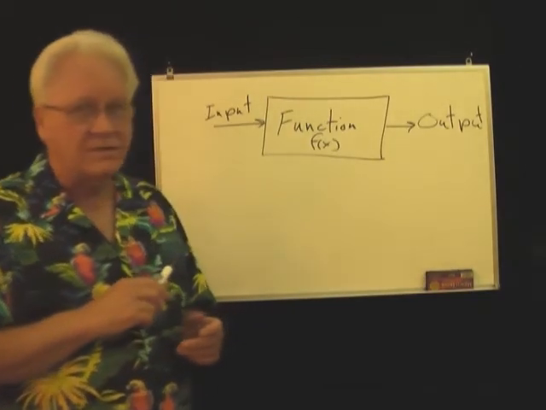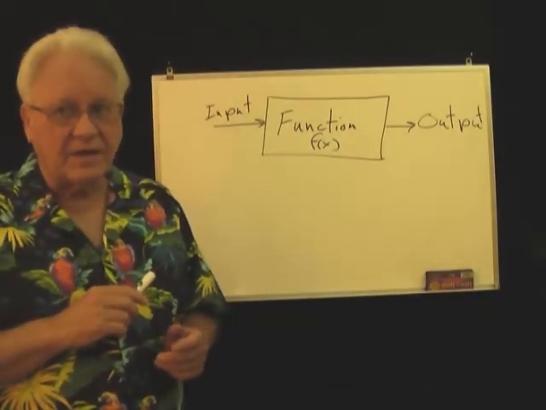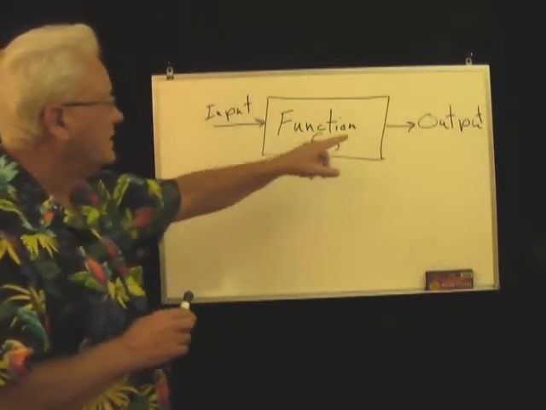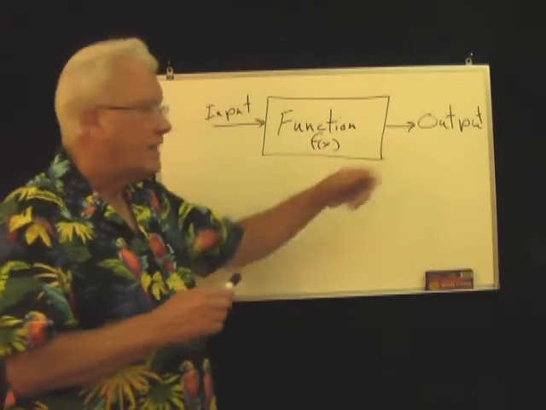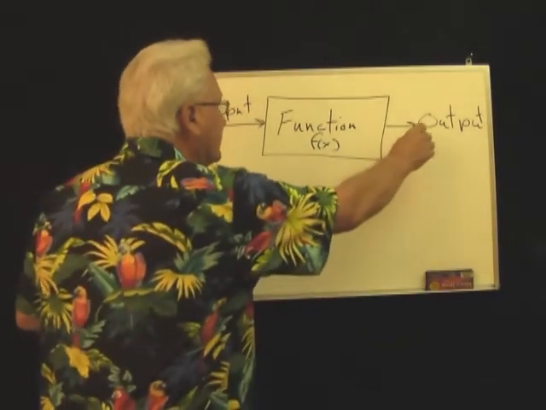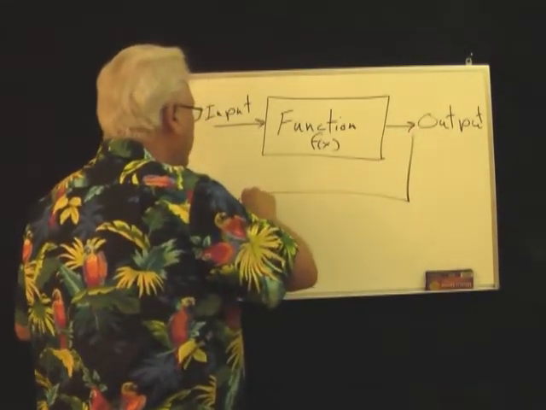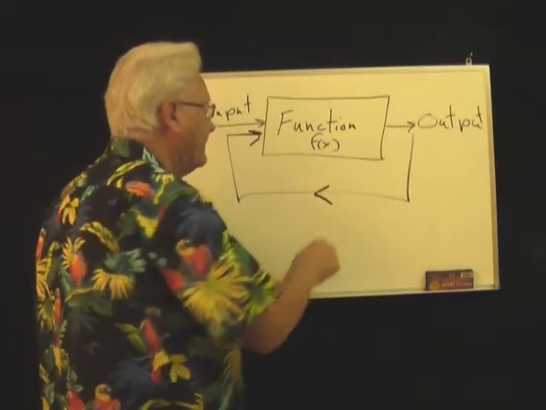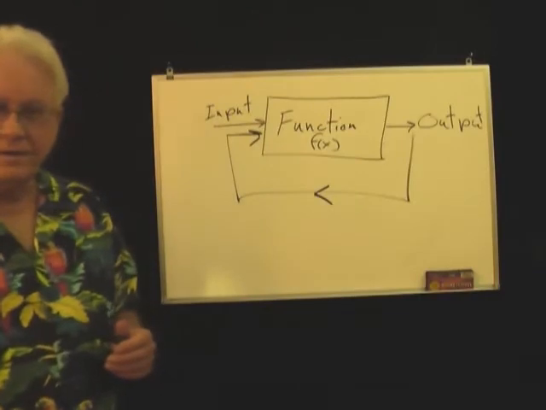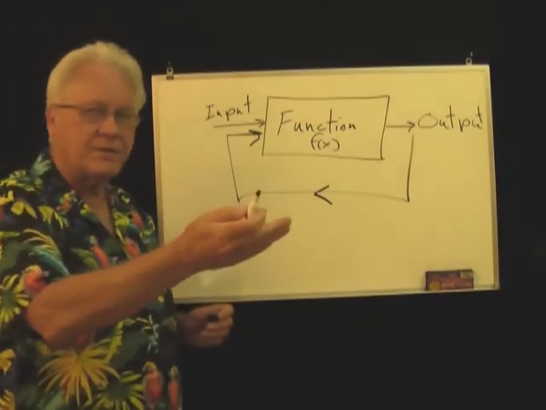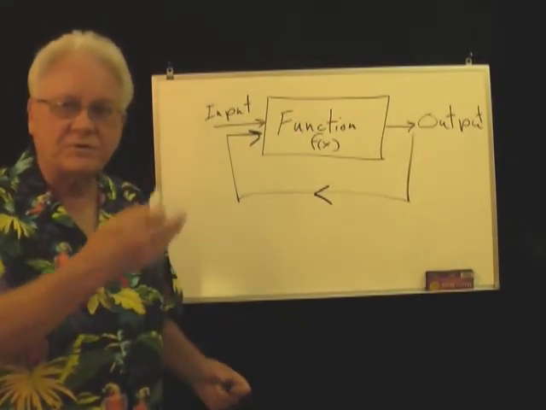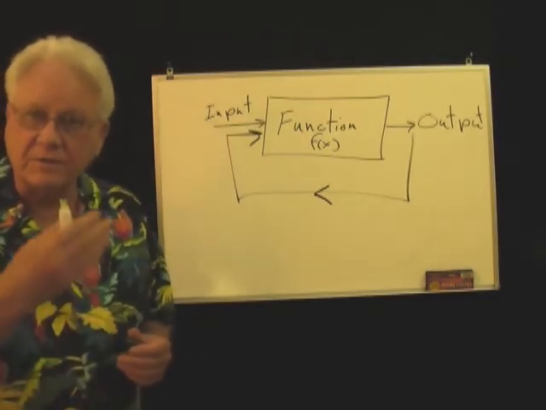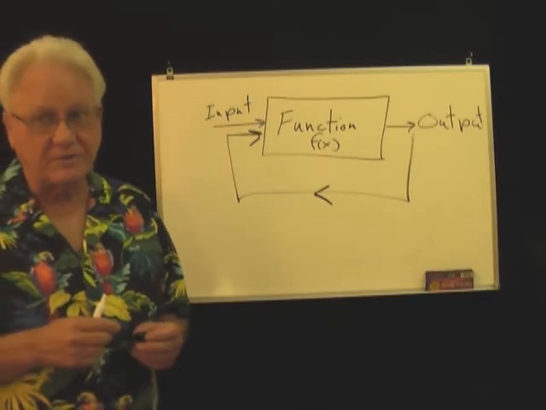But what happens if, instead of just doing that, we have an input and we get an output, and then we take that output and we feed it back in again? The output becomes the input again, and we work that function on it, and we do it again, and we do it again, and we do it again. That's called iteration.